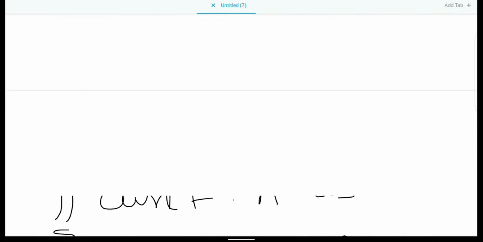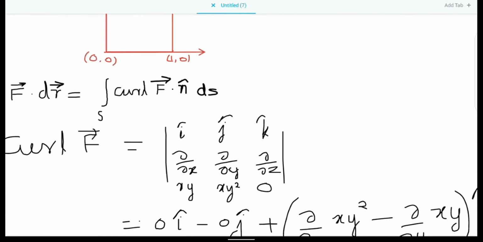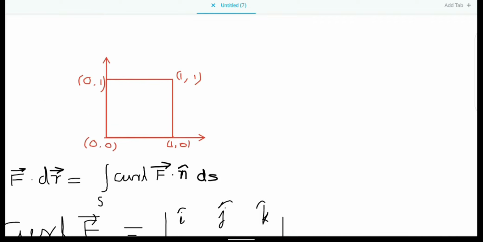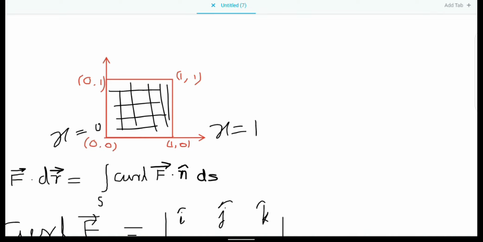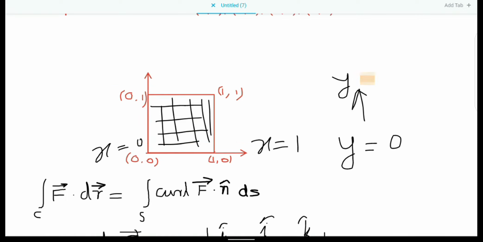Now we want to evaluate the surface integral over the square region. You observe that x will change from x equal to 0 to x equal to 1, and y will change from y equal to 0 to y equal to 1.